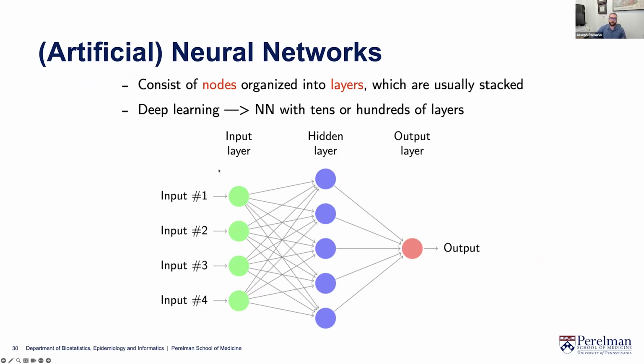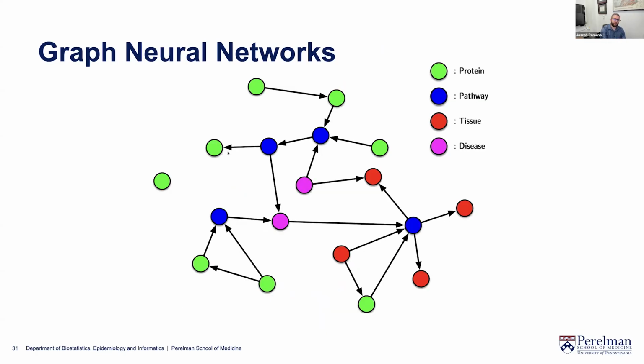By arranging these in sufficiently large and complex orientations, and by training them so the parameters associated with each of these nodes have intelligently populated values, these neural networks can carry out very complex decision-making procedures.